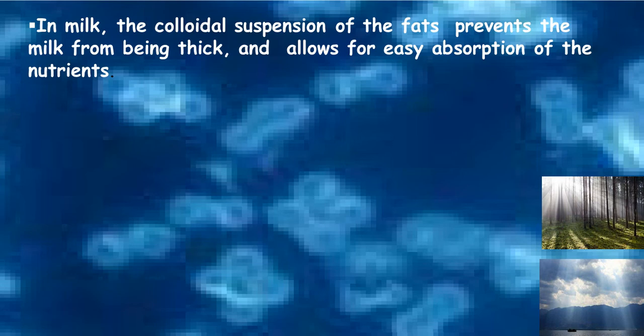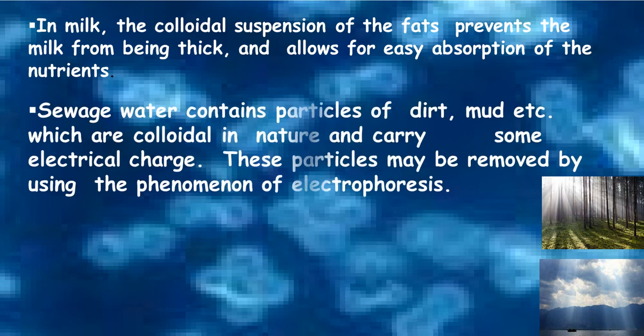In milk, colloidal suspension of fats prevents the milk from being thick and allows for easy absorption of nutrients. Sewage water contains particles of dirt, mud, and so on, which are colloidal in nature and carry some electrical charge. These particles may be removed by using the phenomenon of electrophoresis.